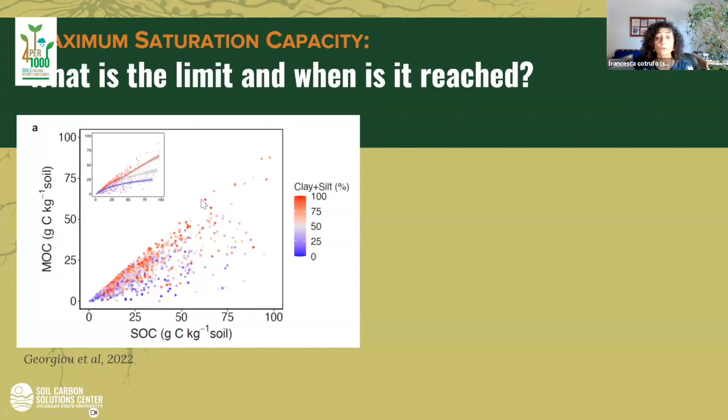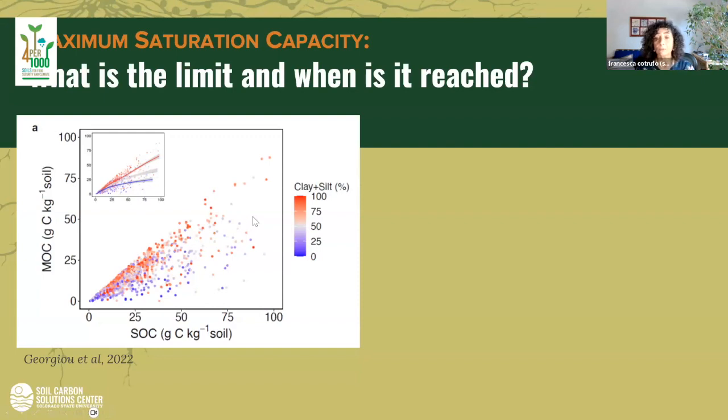But the other thing I wanted to point your attention to is that we are talking of a handful of soils that go past 50. The large majority of them are actually below that. So yeah, there are some soils that could accumulate more carbon, but are those the ones we need to focus on? Maybe as a potential, maybe understanding why they accumulate so much. But the large majority actually is below 50.